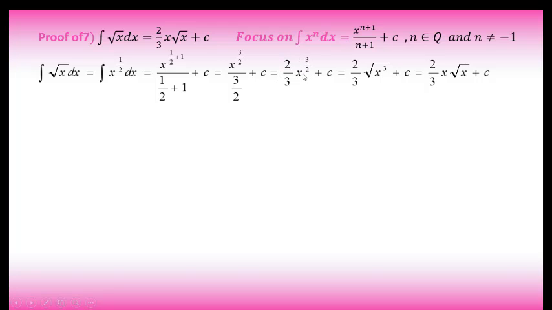Now the final answer should be expressed in the form of radical: 2 in the denominator refers to the index, and 3 in the numerator refers to the power. x cubed, x radical x. And the integral of radical x dx now equals 2/3 x radical x plus c.